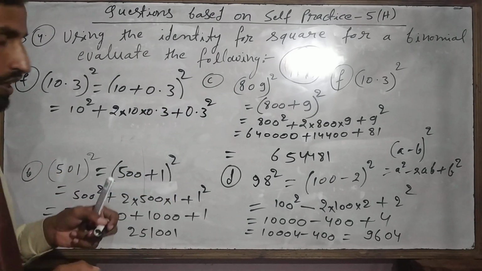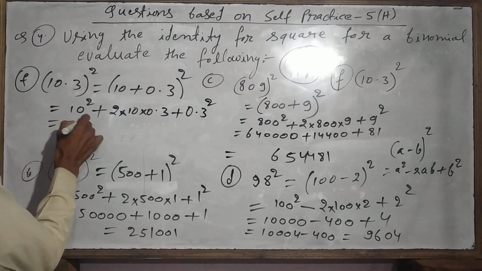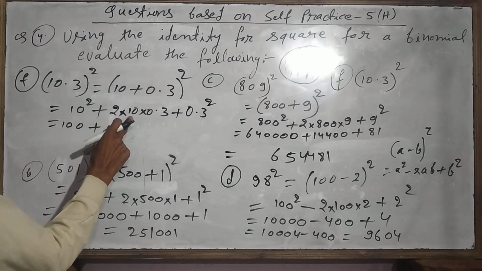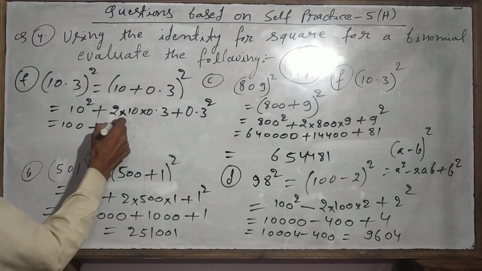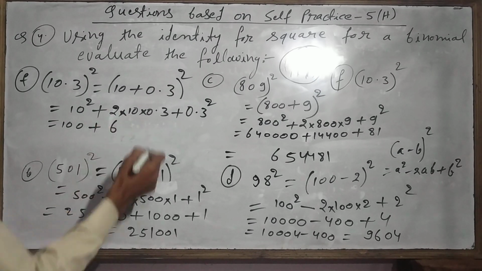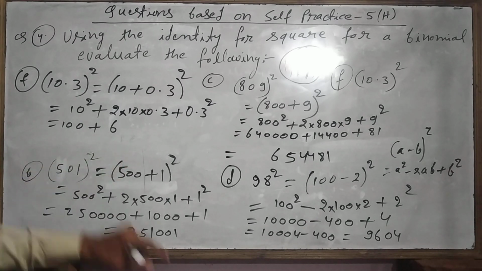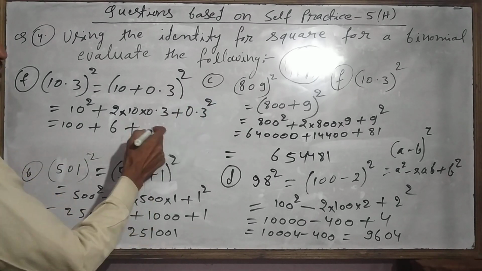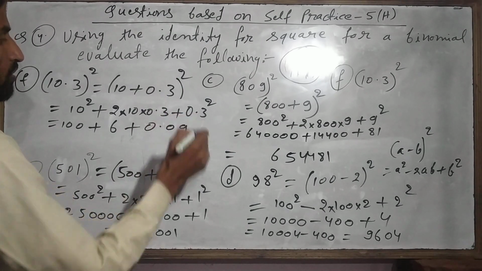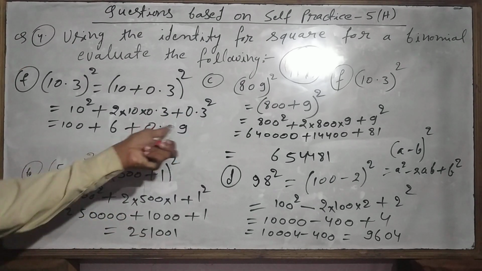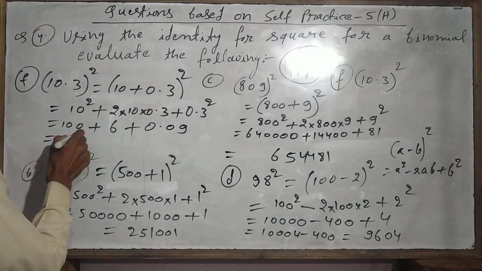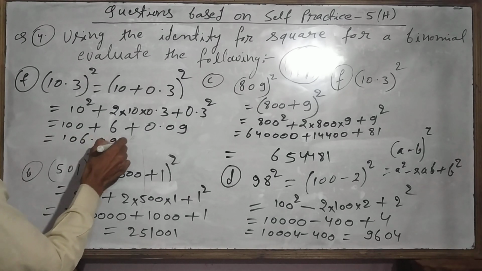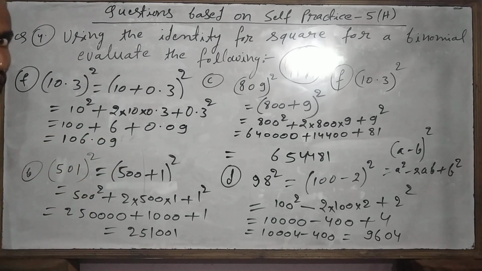Okay, so 10 square means 100 plus 20, and this one we will multiply, it will come 6 only. Now after that 0.3 square means 0.09. Now we will add: 106.09.